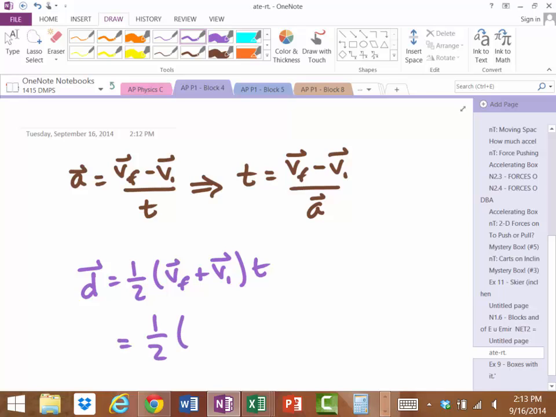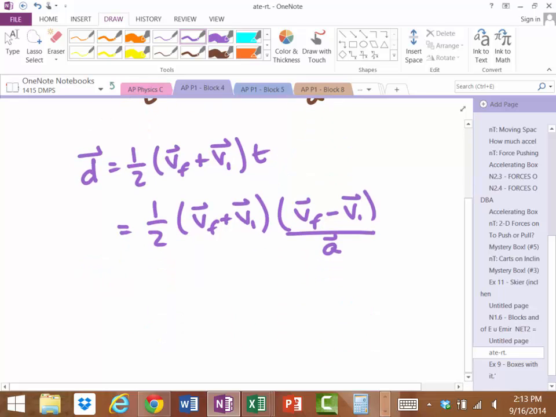Why not? Let's do it. 1/2 (vf plus vi) times (vf minus vi), all over a. Have you guys seen this kind of thing before? Yeah. This is the what? Difference of squares.